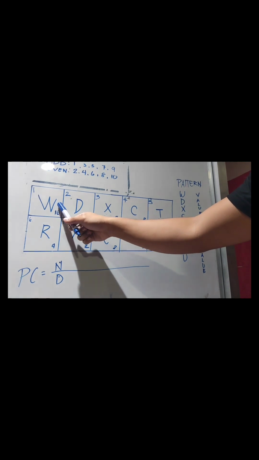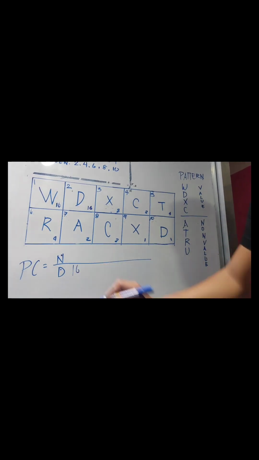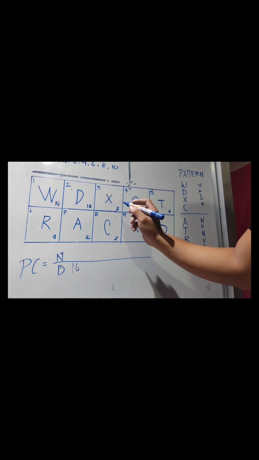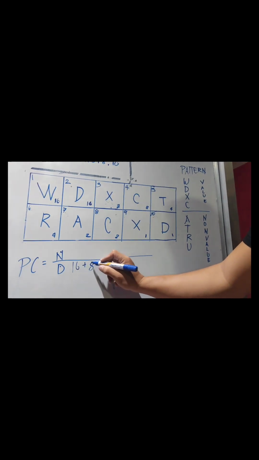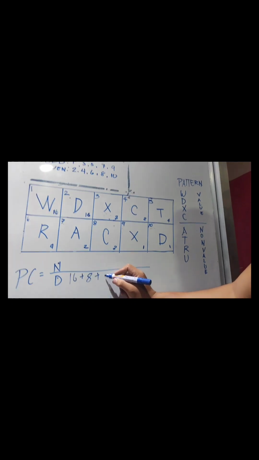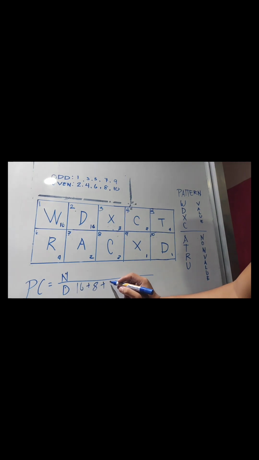And we're going to start with the number 1, which is denominator, which has a numerical value of 16, and 3, which is accidental loop and numerical value of 8, and number 5, which is tented arc, which has no value, so we're gonna put 0.